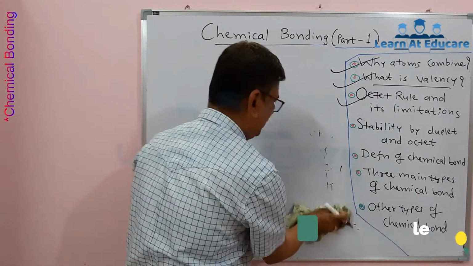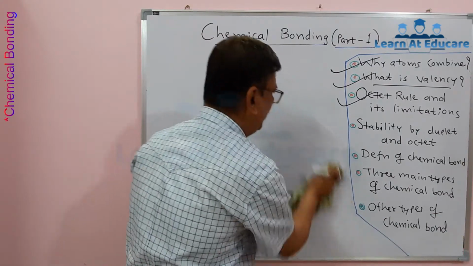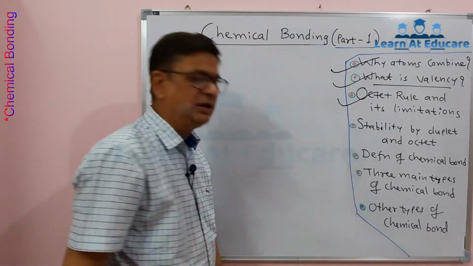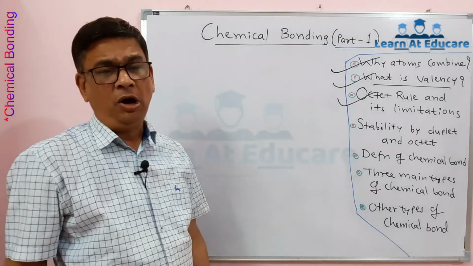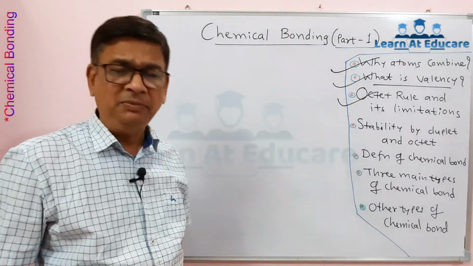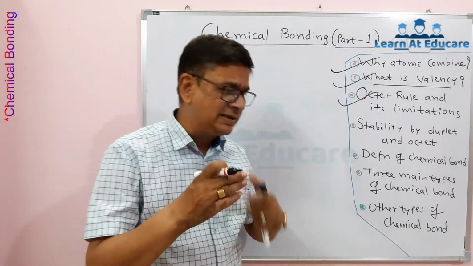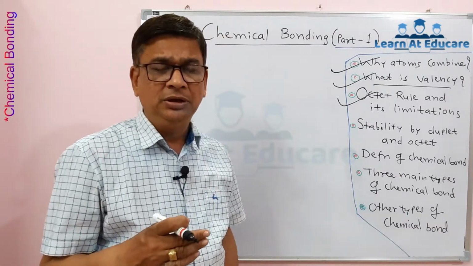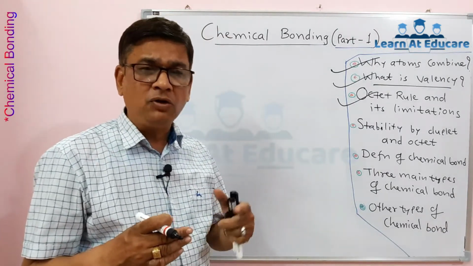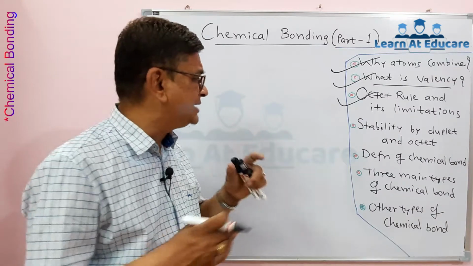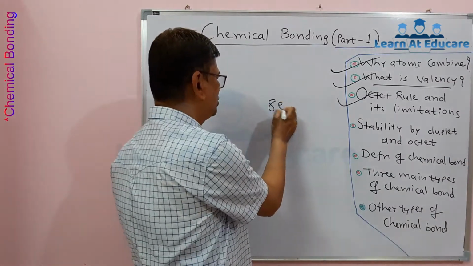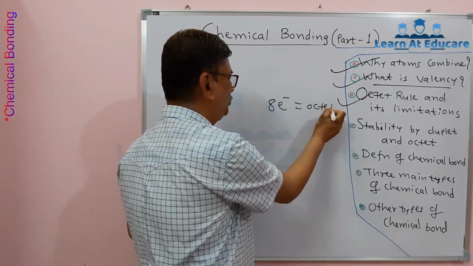According to this rule, every atom during the formation of a chemical compound, for the formation of a chemical bond, donates or accepts or shares a number of electrons so as to have 8 electrons in the last shell. So 8 electrons correspond to an octet.